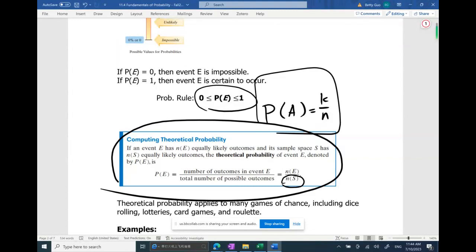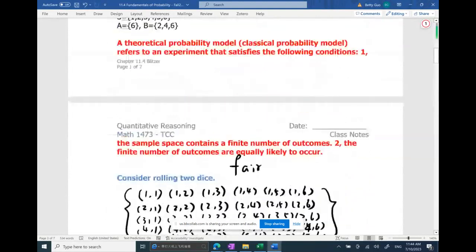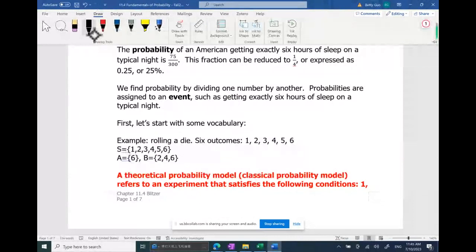The denominator is the number of different outcomes in the sample space. The numerator is the number of outcomes favoring event A. For example, we roll a die, right? How do we find the probability of A here?